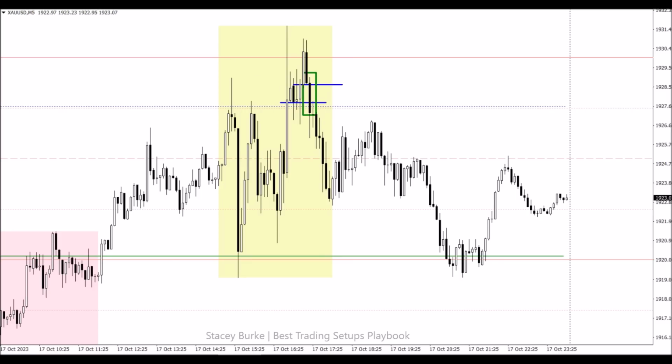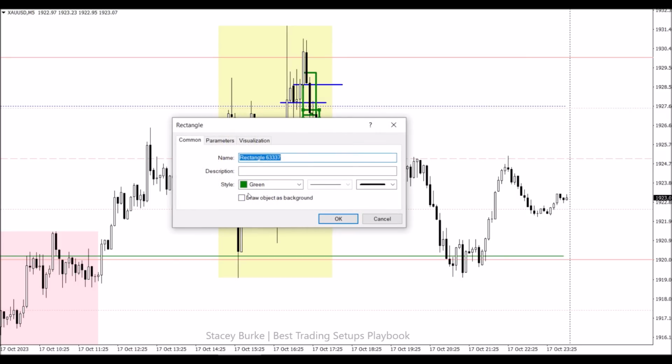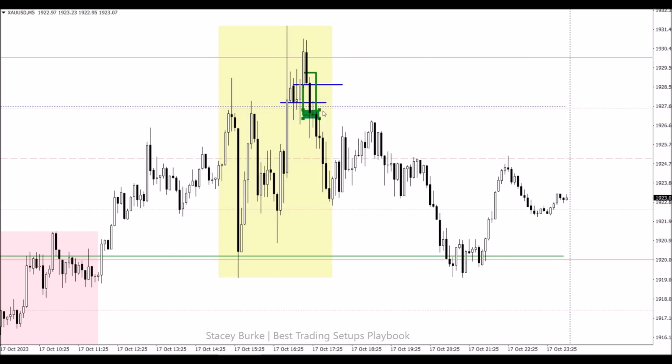A high of day level, a 1-bar stop, and that market eventually dropped 50 plus pips down to the low of the session. So again, I'm just reinforcing the importance of the levels and the timings.